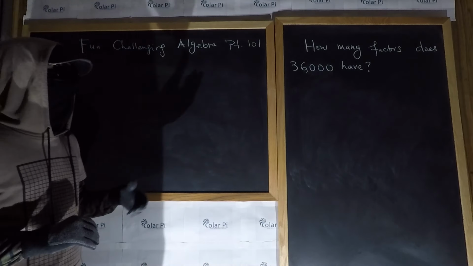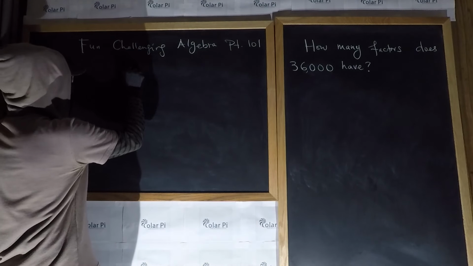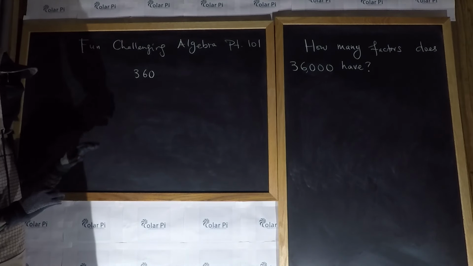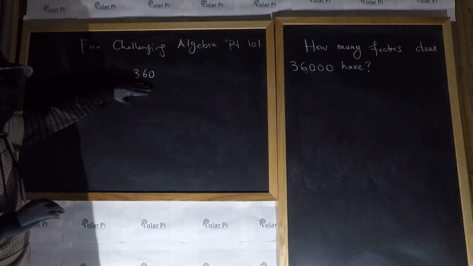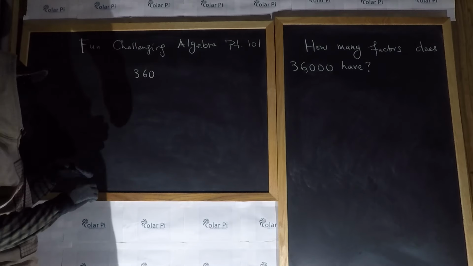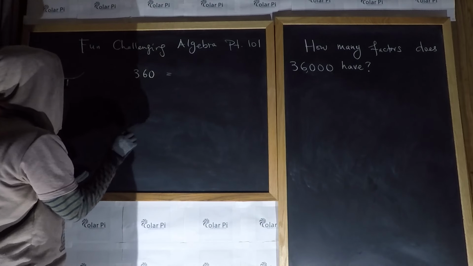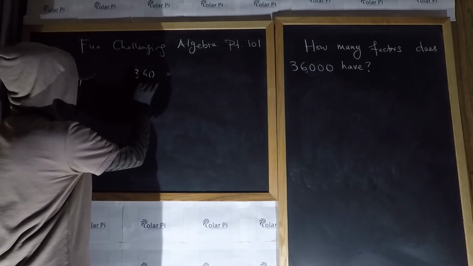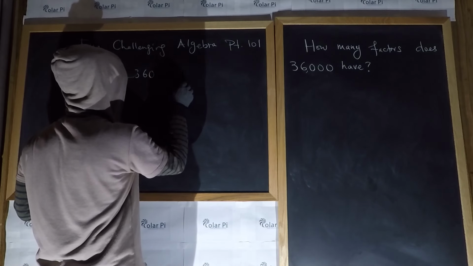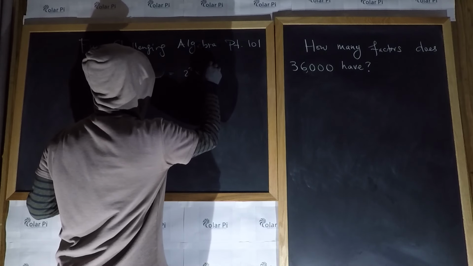Now, I'm going to answer the question, but let's demonstrate the method on just 360. The method starts by figuring out the prime factorization of whatever number you're given. Here the number is 360, and its prime factorization is, well, 36 times 10. 36 is 4 times 9, so that's 2 squared times 3 squared.